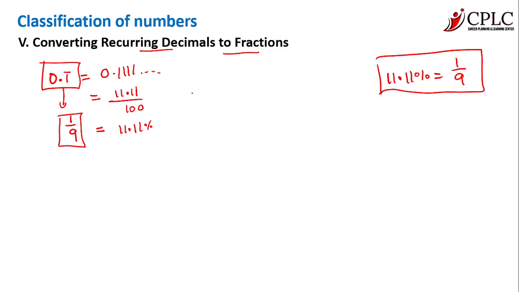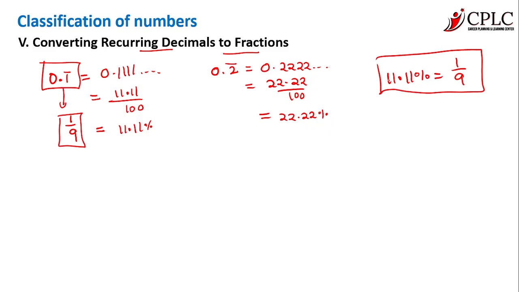Now I will take a few more examples so that you understand even more clearly, because I want to prove a point, and for that all these calculations are necessary. So bear with me for some time. Let's say 0.2 bar can be written in the same manner as 22.22 divided by 100, which can be further rewritten as 22.22%.